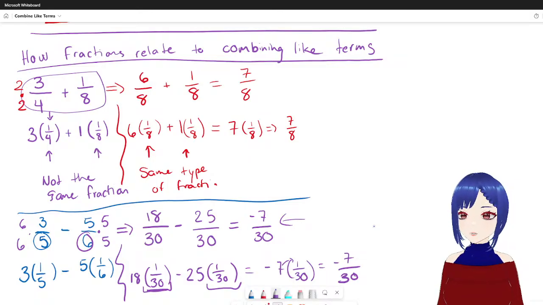I don't think I've ever seen the fraction combined like term link before. That's something that I just kind of thought of recently, but I thought maybe it would make sense. So if you're a teacher that's watching this, feel free to steal that if you think it'll help any of your students. If you're a student that's watching it, feel free to use this to help you understand anything.